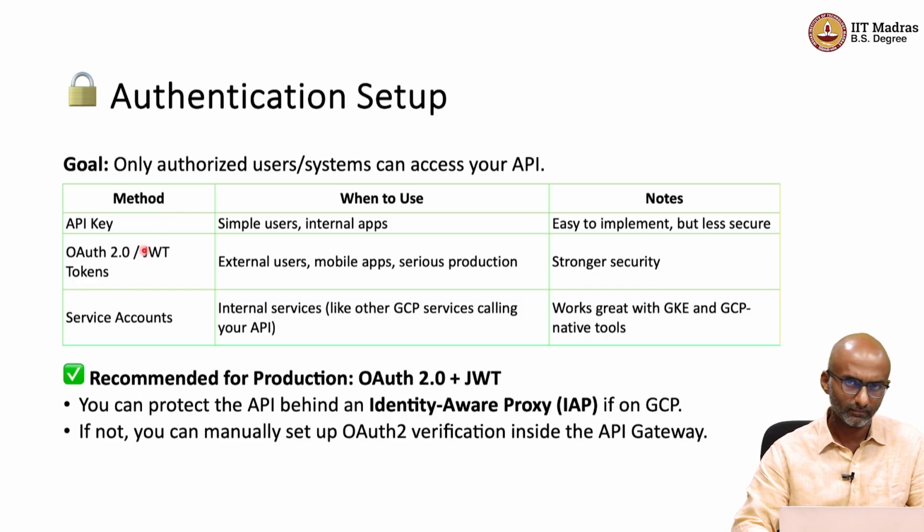So broadly, three ways in which you can go about it. One is you use this notion of an API key, and that API key makes it possible for anybody who has knowledge of that key to access the API and then use it for various purposes. The advantage of this approach is that it's very simple.